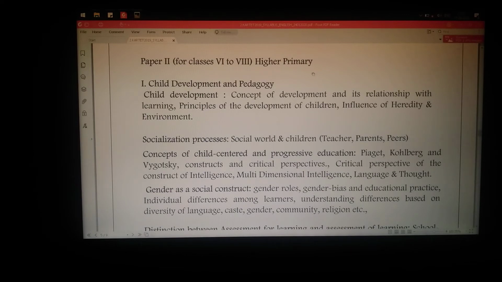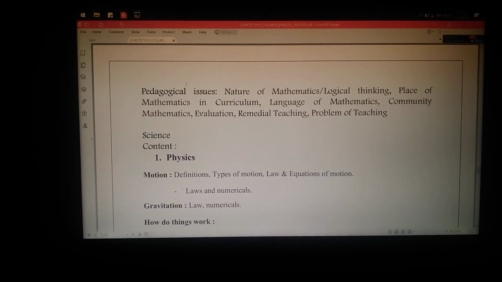This is about the higher school for class 6 to class 8. First is first languages, same pattern in Kannada, English, as you studied earlier. This is about child development and pedagogy, about the concept and its relationship.